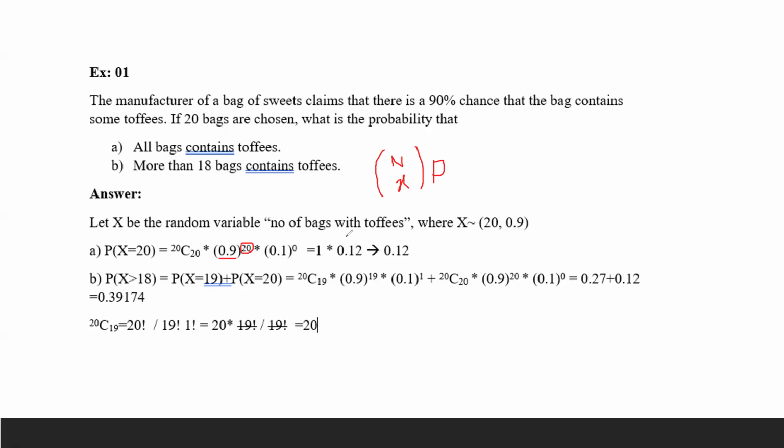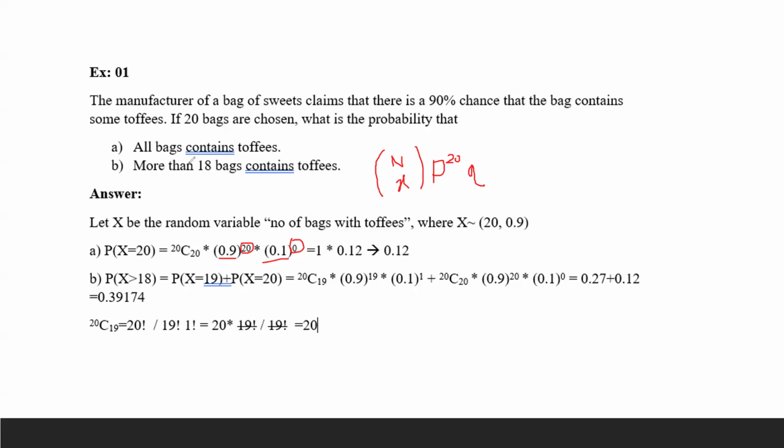Now, how many ways can be a success? 20. The reason is all bags contain toffees. What is the failure rate? Q. Q is 0.1. How many times can it happen? 0.